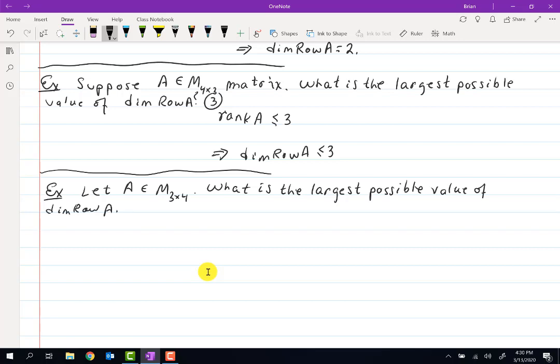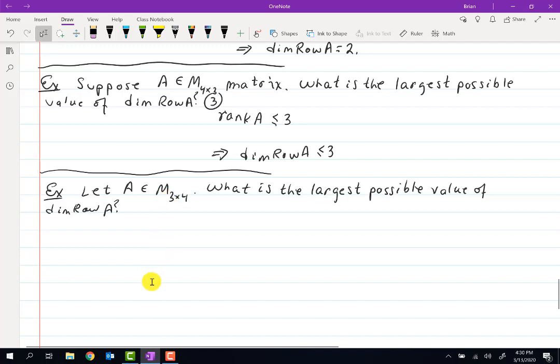Well, in this case, it's going to still be 3 because the most number of rows we can have is 3, but we could have 4 columns. Now, obviously, we can't have all 4 of the columns be linearly independent because the rank is also equal to the dimension of the row space.